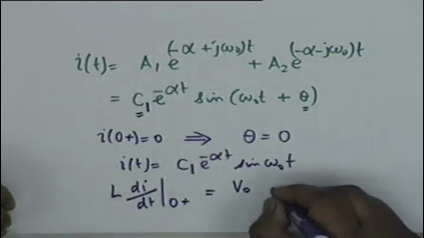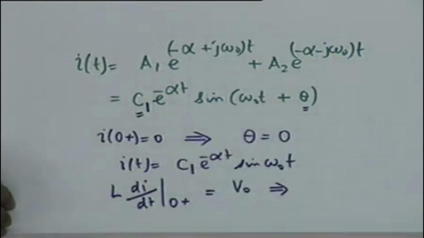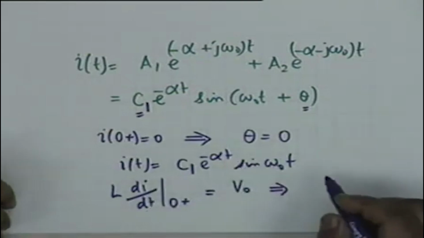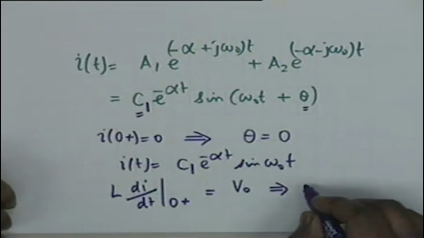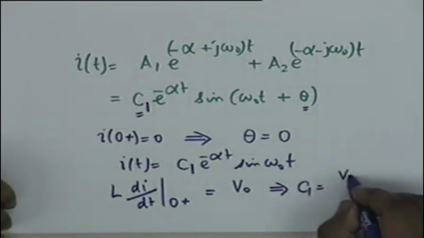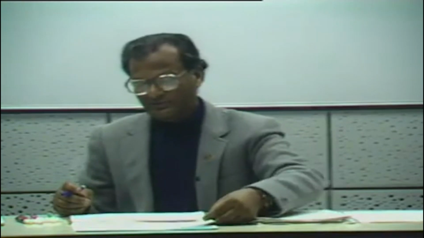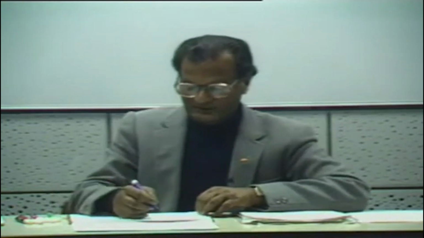Then if I substitute here the differentiation and put t equal to 0, can I skip the algebra and write simply that C1 will be equal to V0 divided by L. If you want me to do the algebra, I will gladly do it.